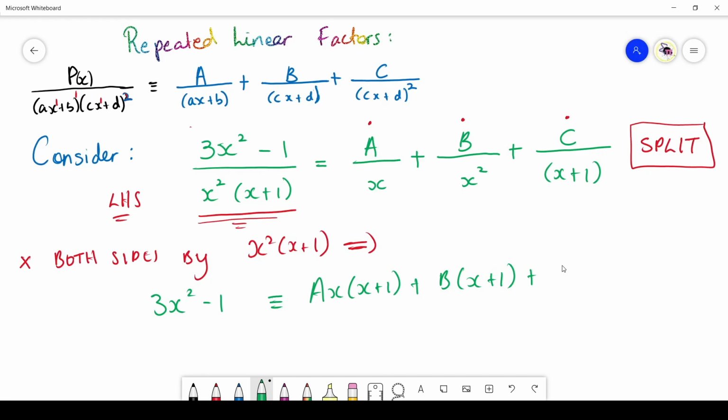And then c, you're going to get x squared because this x plus 1 is going to cancel with that x plus 1. If you want working, essentially what we did is we multiply a on x by x squared by x plus 1. So these cancel, right? That's how we got that one.